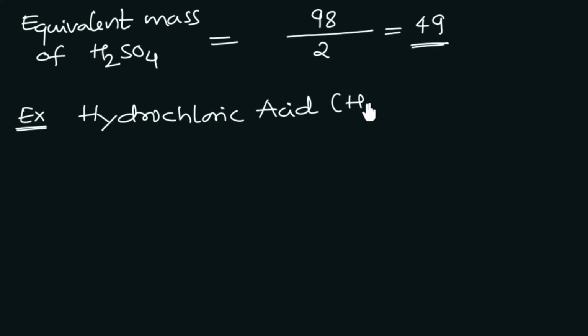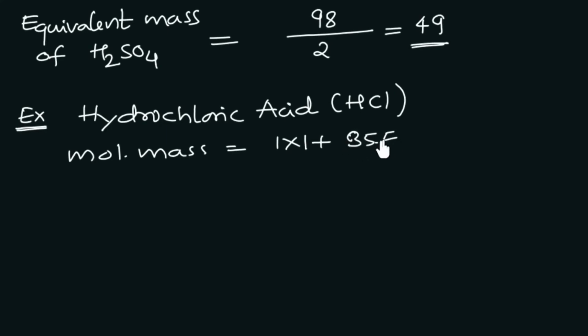That is HCl. First, the molecular mass of HCl. Here H is 1, and Cl is 35.45, let me take it as 35.5, with only 1 atom, so we get 36.5 gram per mole. Now what about the basicity?